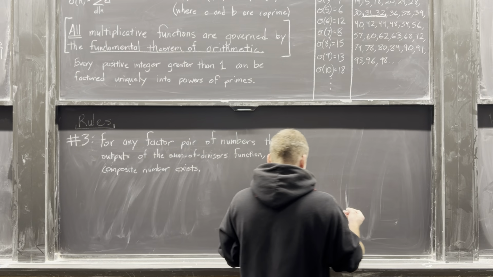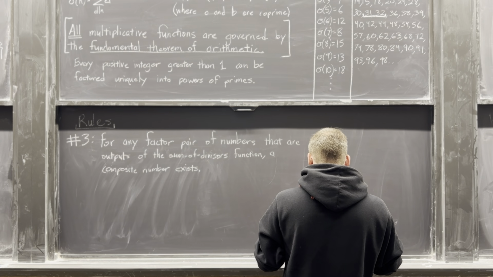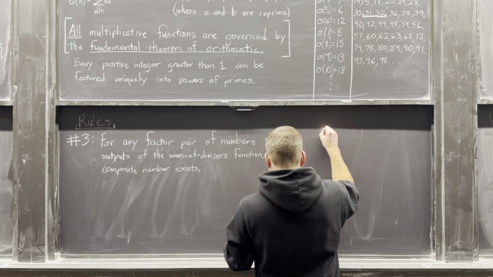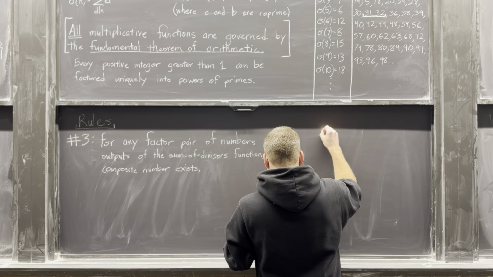Well, let's consider. Sigma of n is equal to 21, which is equal to 3 times 7, which is equal to sigma of 2 times sigma of 4.